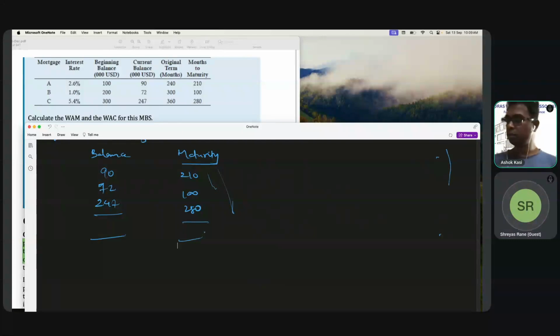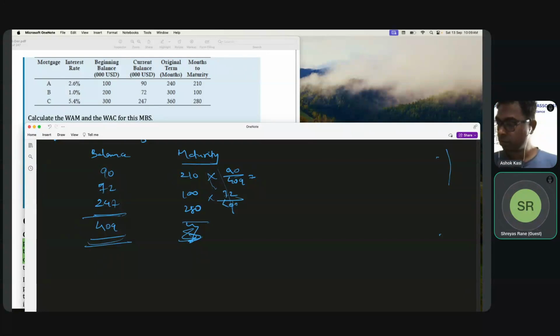The total balance is 409. So you put weight to it, 90 by 409, into the maturity. Weighted average maturity: 46.2.